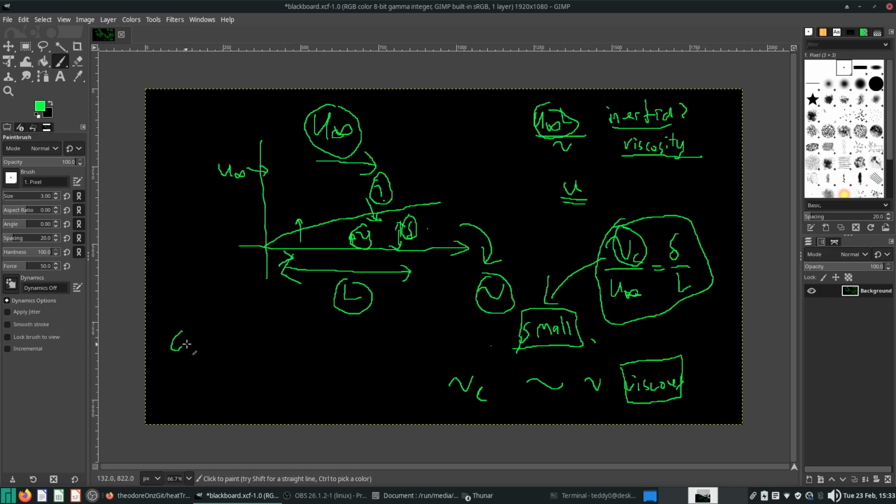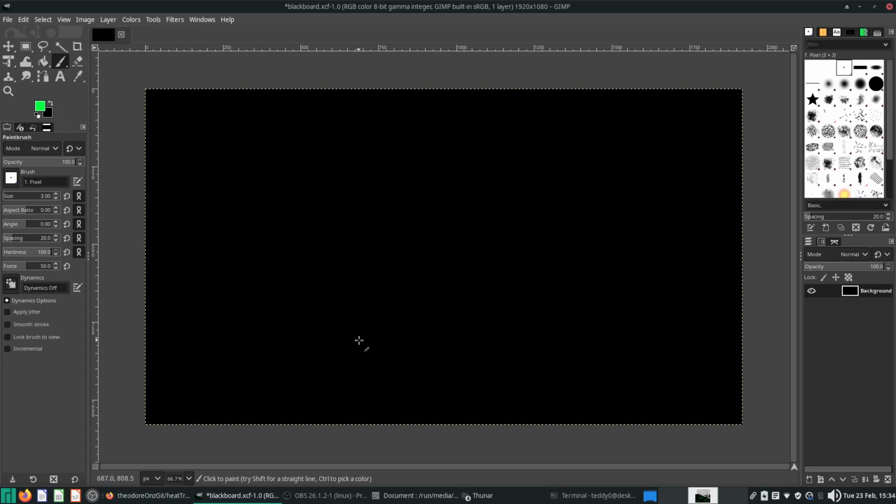Okay, creeping flow in the y direction, because this v velocity is so slow. So let me write that again. I'm going to clear this.